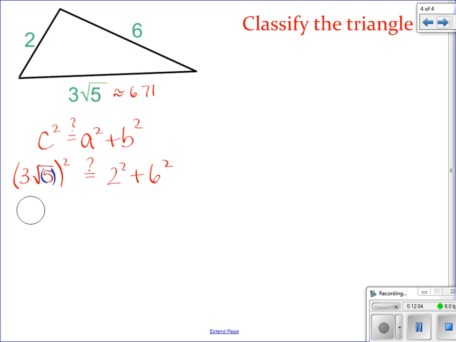You are squaring everything inside the parentheses. So you're going 3 squared, and you're doing the square root of 5 squared. Well, what's 3 squared? 9. What happens to squaring and square rooting? Those are the opposite of each other, so they cancel out. So we've got a 5 there. What's that? Well, that's 45. That's where the calculator's getting 45.